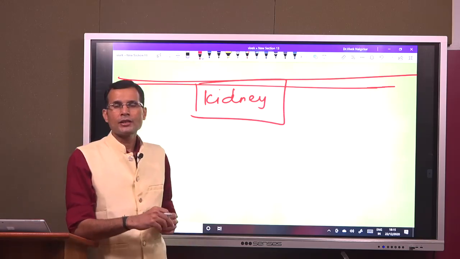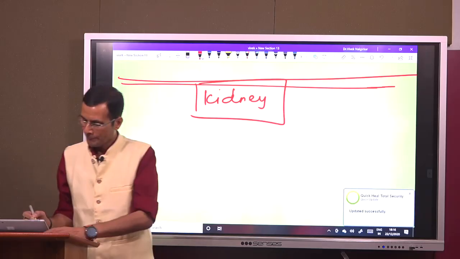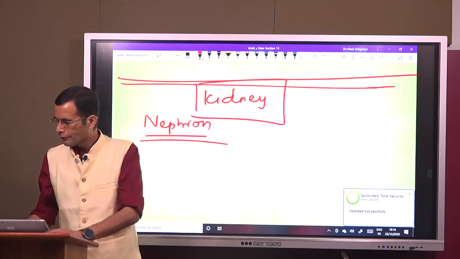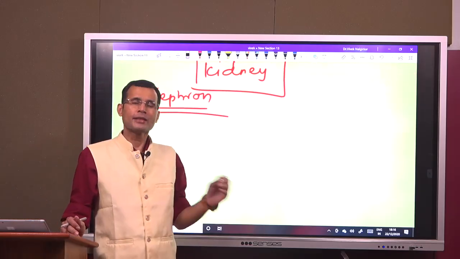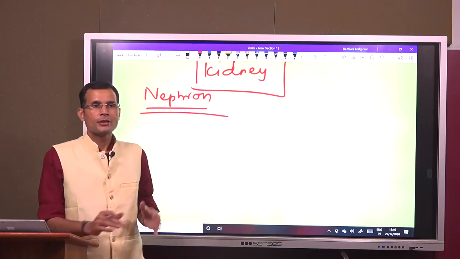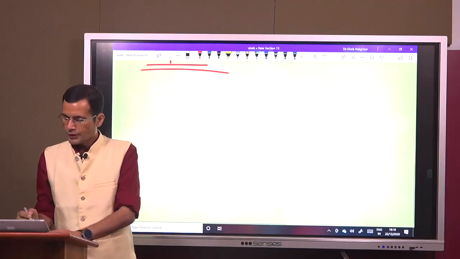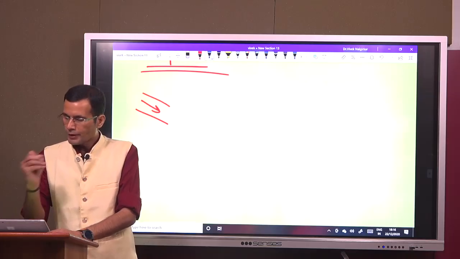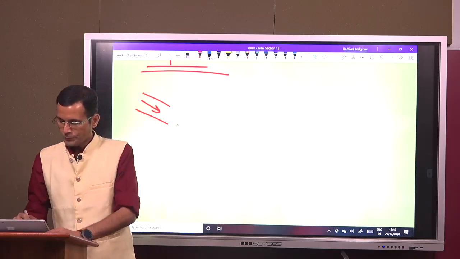So the basic structural and functional unit is the nephron, and although it will be too basic to discuss the parts of the nephron, still, just as a quick revision, look, the renal artery breaks up into arterioles, and then there is the afferent arteriole, which brings the blood into the glomerulus.